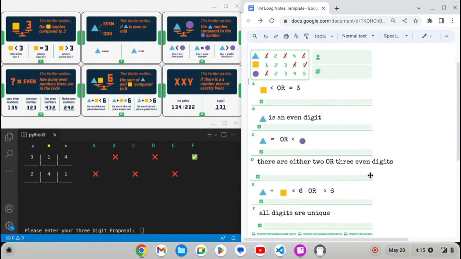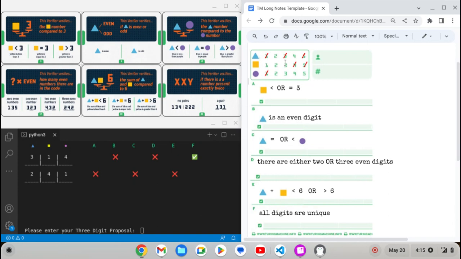I don't know if I have enough information to deduce. So let's see. If I want to test if the sum is less than 6 and triangle either equal to 3 or smaller than 3, what would kind of force the issue?